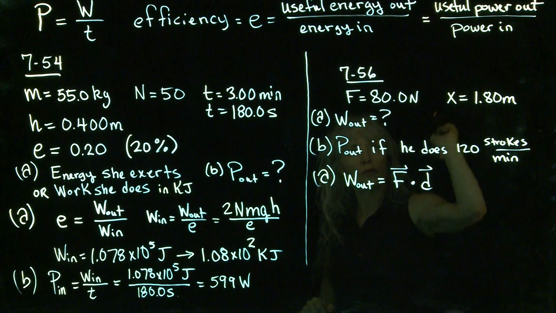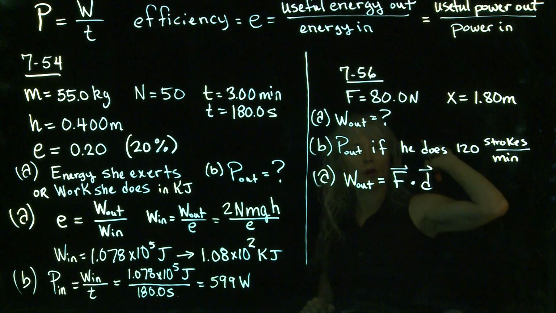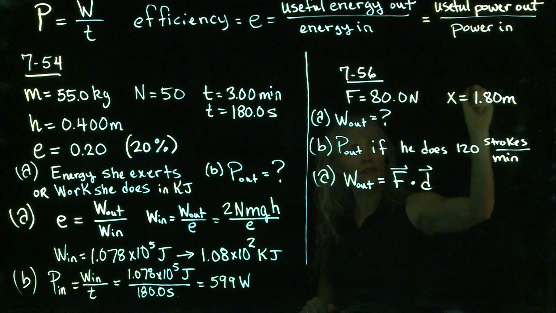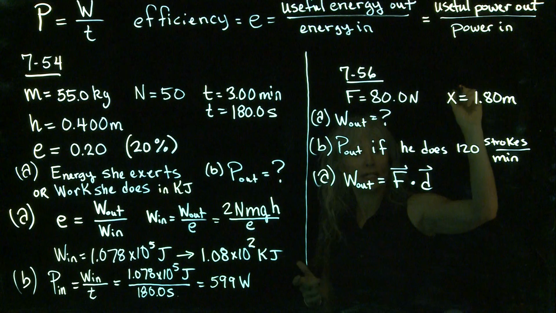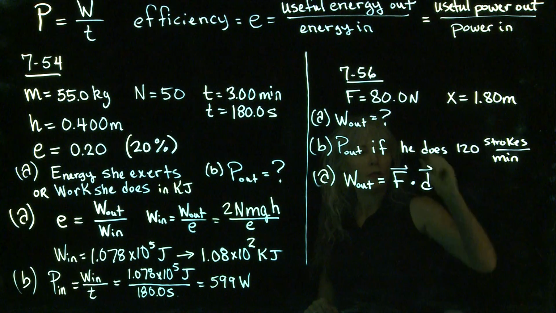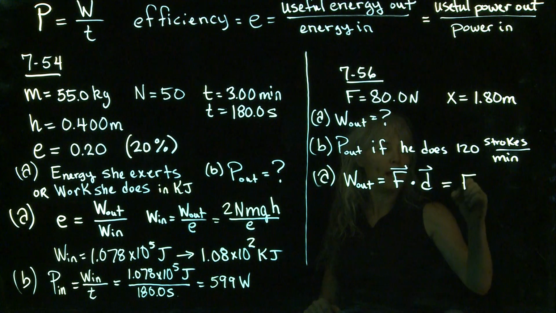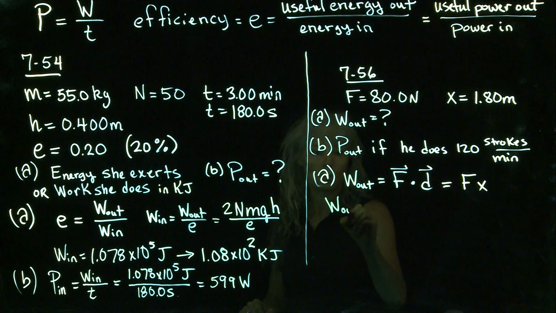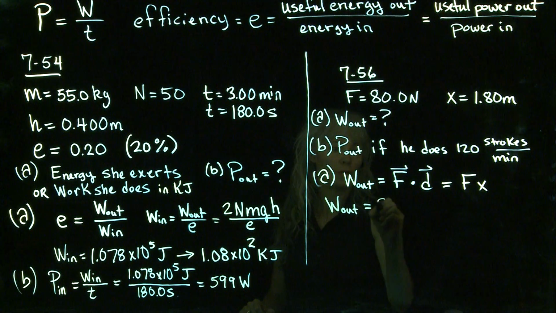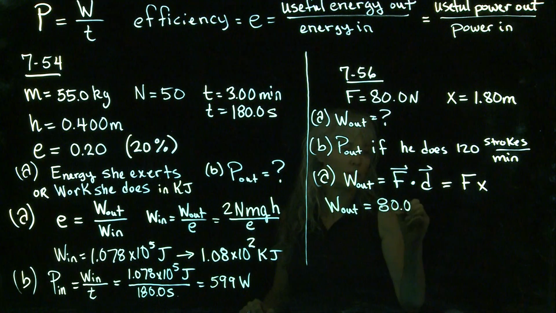So this is the horizontal displacement, and this is the horizontal component of the force. They're in the same direction, therefore the dot product is going to give us cosine 0, or 1. So this is just going to be equal to F times x.